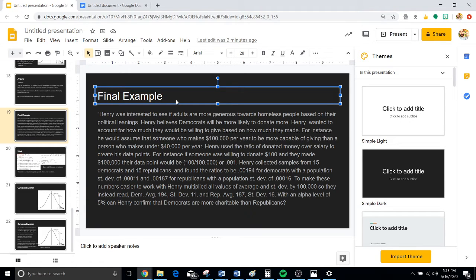To make these numbers easier to work with, Henry multiplied all values of average and standard deviation by 100,000 so that they instead read Democratic average 194, standard deviation 11, and Republican average 187, standard deviation 16. With an alpha level of 5%, can Henry confirm that Democrats are more charitable than Republicans?